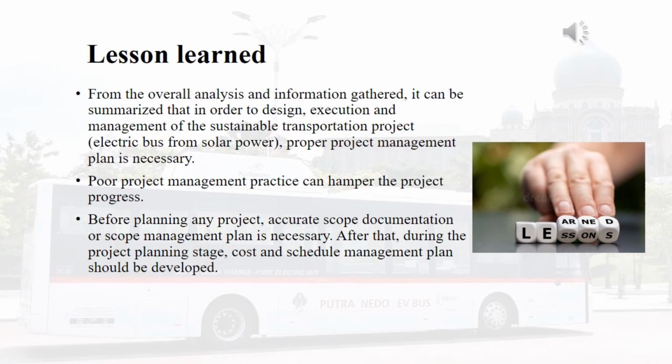Number 2, poor project management practices can hamper the project progress and could eventually lead to a failure such as delay, cost overrun, abandoned project or occupational safety and health incidences, etc. And third, before planning any project, accurate scope documentation or a scope management plan is necessary. After that, during the project planning stage, cost and schedule management plans should be developed.